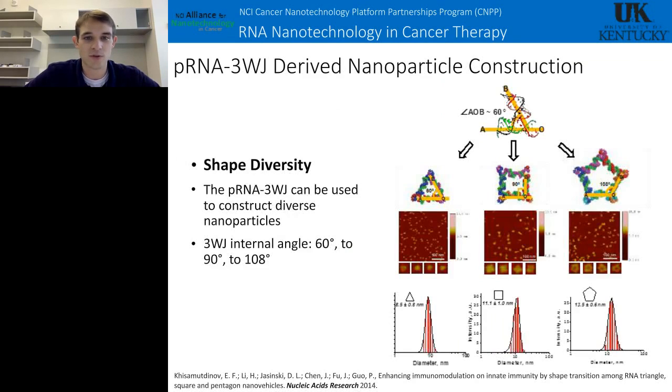Another route to engineering nanoparticles, one that I was heavily involved in, is using this three-way junction motif itself, using what we term RNA biomimetics, to construct these different shaped nanoparticles.